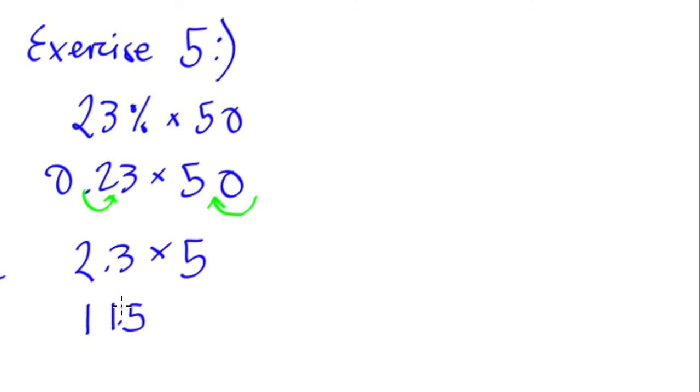But since we're going to move the decimal point, you can think of this as 2.30. So that's going to be 1.15. But since we're going to move the decimal point once going to the left, as said by the rule, what we have is 11.5. Okay, and that's our answer for exercise number 5.